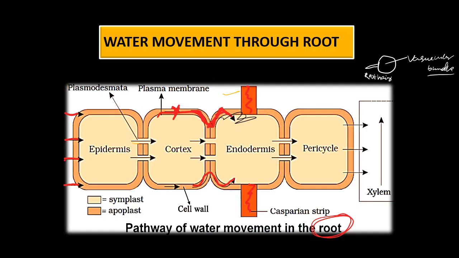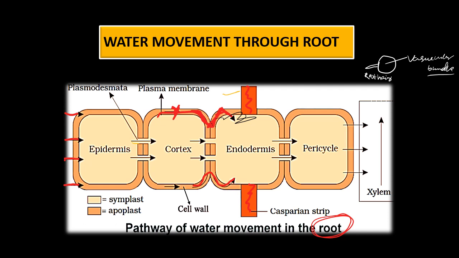Pathway of water movement in the root. We know that water moves through different cells of the root: epidermis, cortex, endodermis, pericycle, and then finally reaches the xylem. But how does the water move through the root? Water movement occurs through two pathways: the apoplastic pathway and the symplastic pathway.